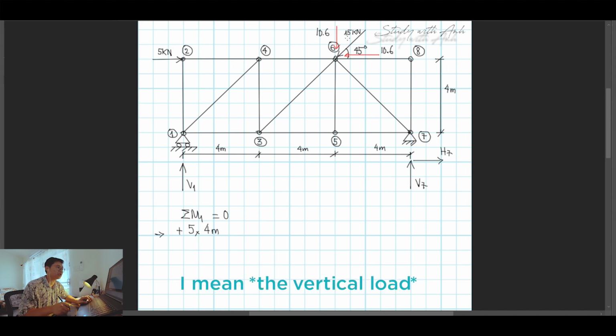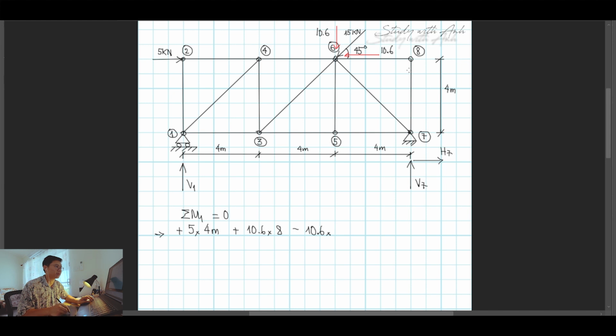The vertical load here also makes the member rotate clockwise, so plus 10.6 multiplied by the lever arm, which is 8 meter. Now the horizontal load makes the member rotate anti-clockwise, so we have the negative sign, 10.6 multiplied by the lever arm, the distance from the load to the support, which is 4.